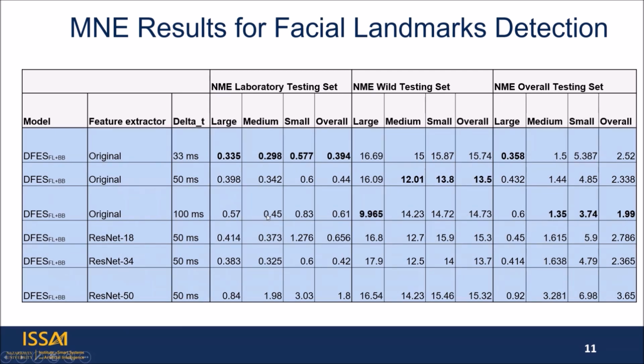Also, among models with a 50 millisecond accumulation time, the model with the ResNet 34 feature extractor and the model with the original feature extractor have similar NME scores. However, the lowest NME scores on the overall testing set were obtained using the original feature extractor by a small margin.